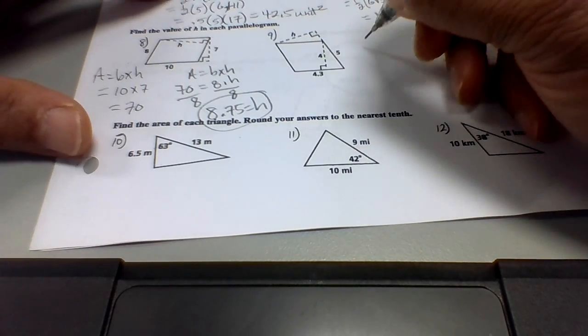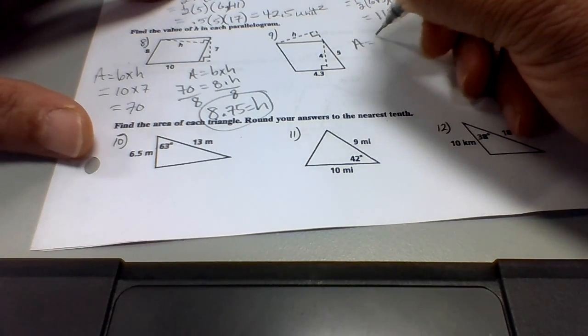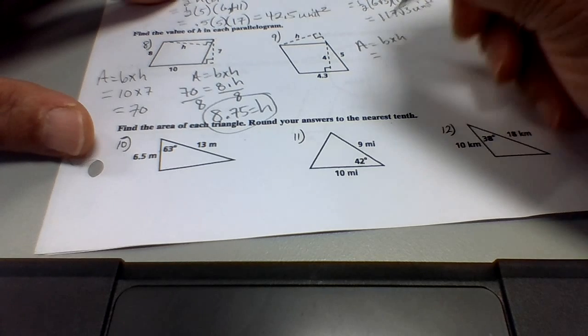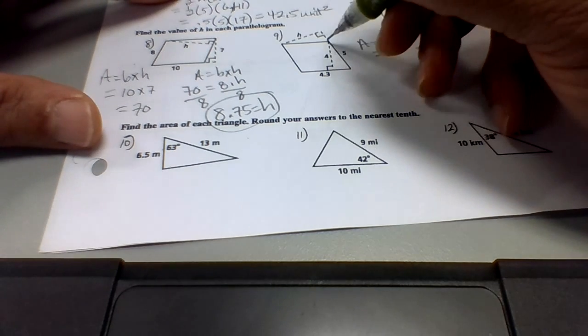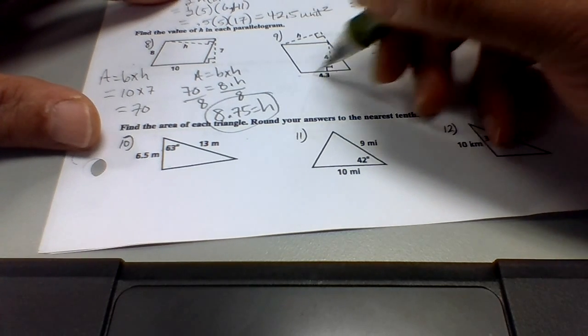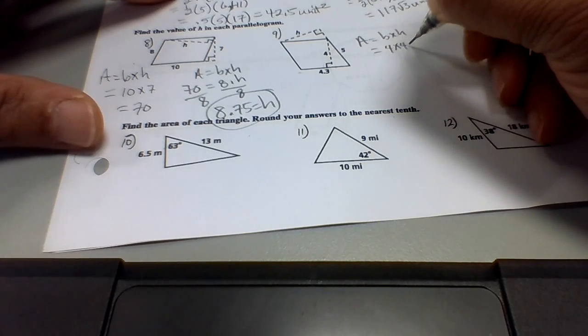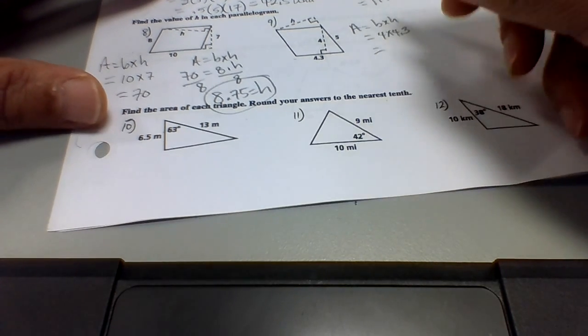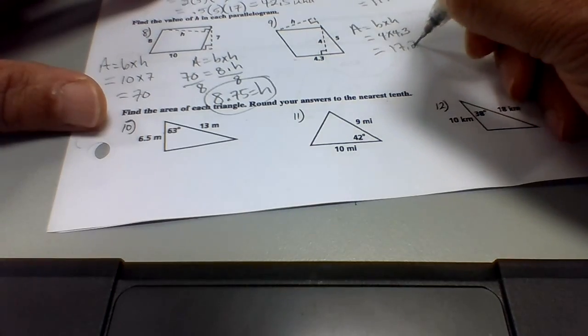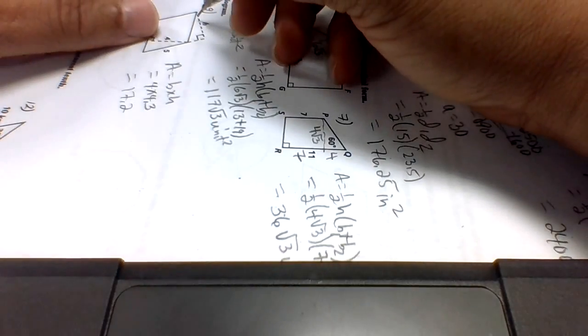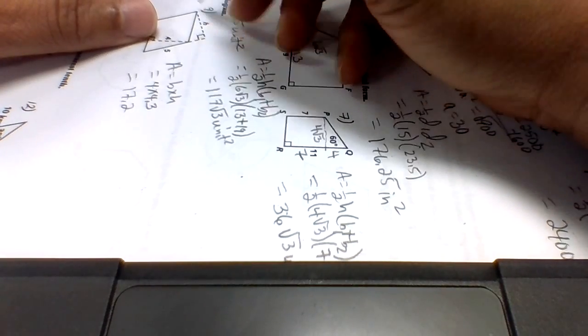Next one, looking at this one again, area equals base times height. And here's the right angle. So this is 4 and 4.3. So 4 times 4.3. So that's going to give me 17.2 for the area inside. And now looking at it like this is my base and this is my height.